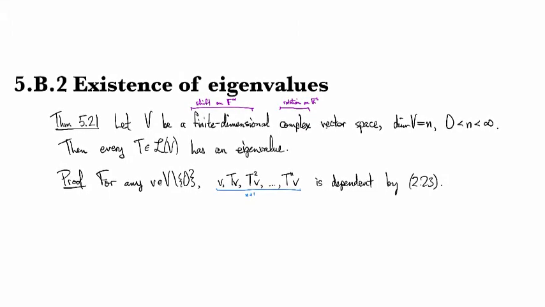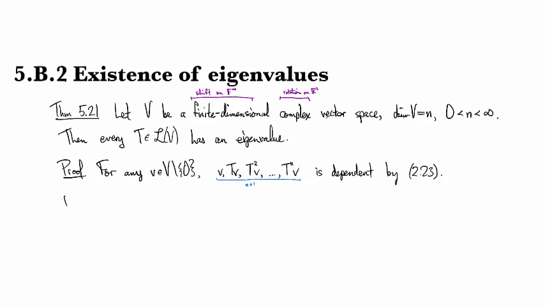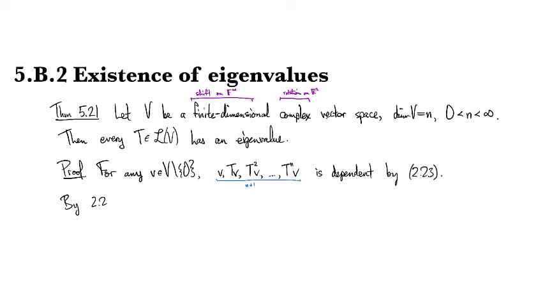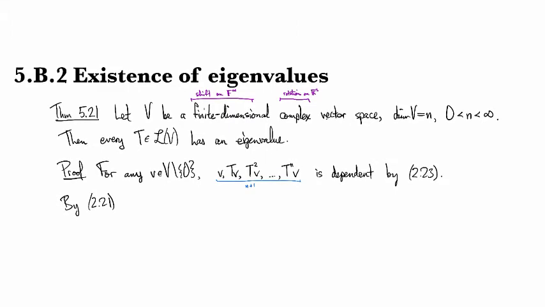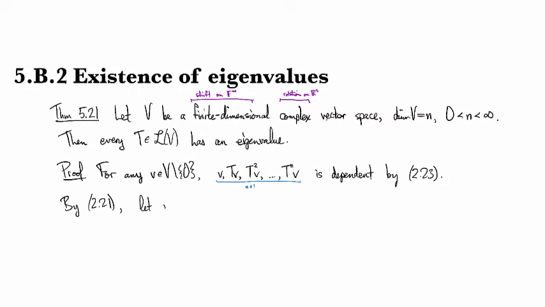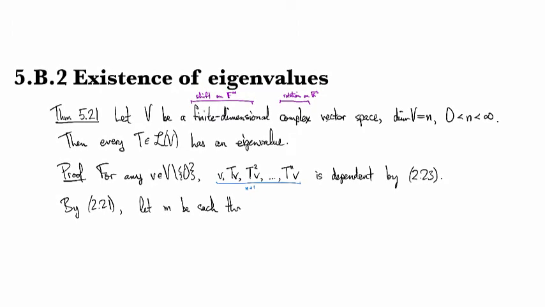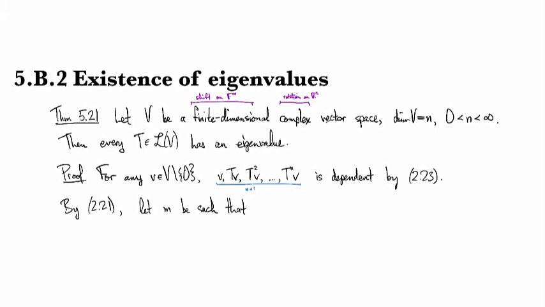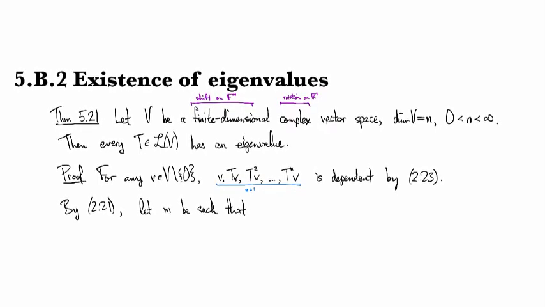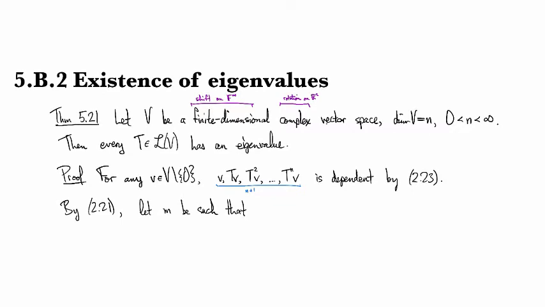Okay, then by 2.21, we can figure out when the first time is that one of these vectors is going to be in the span of the others.